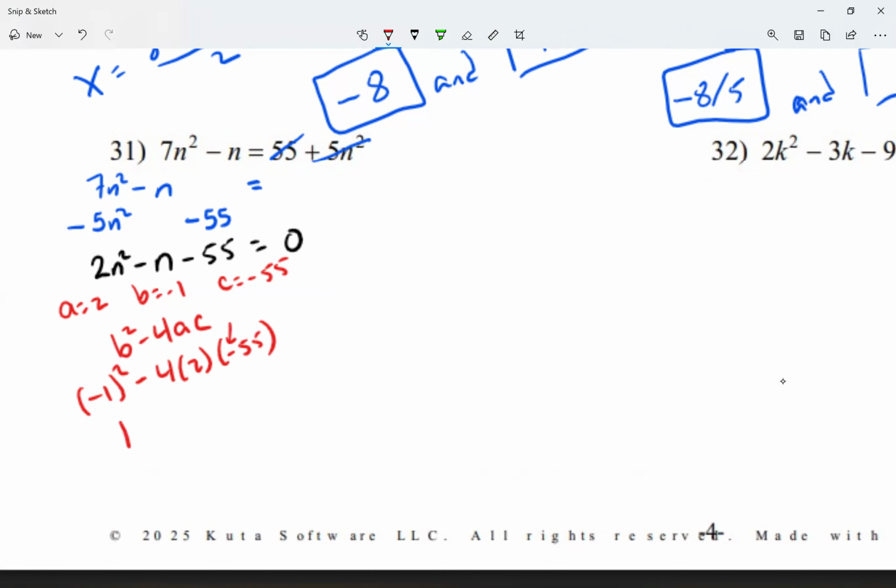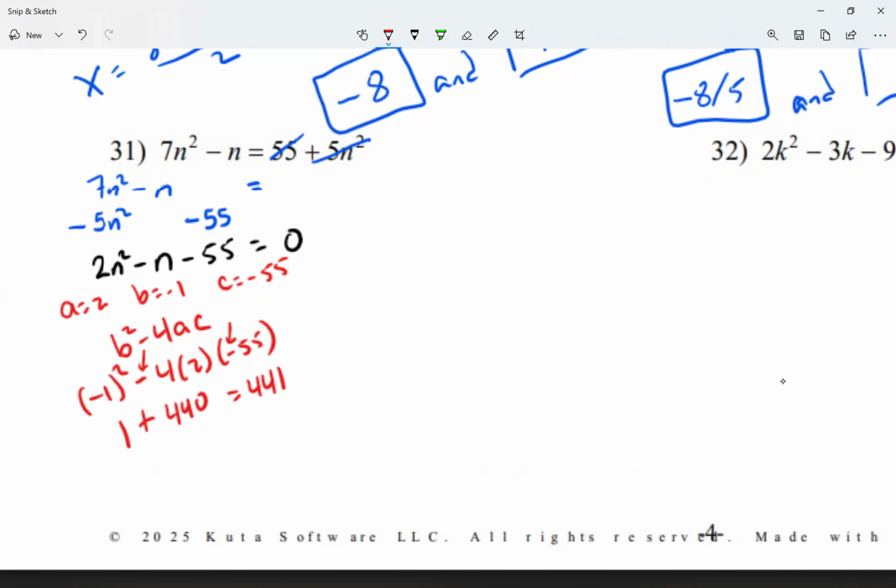There's two negative signs, so that makes it a plus sign. 4 times 2 times 55, that's 440. I know 1 plus 440 is equal to 441. My discriminant is positive.